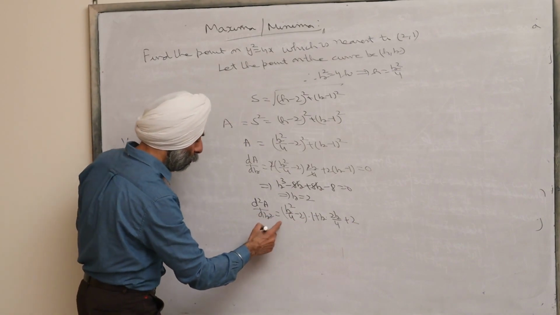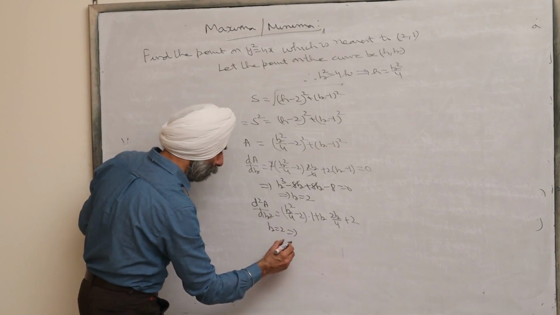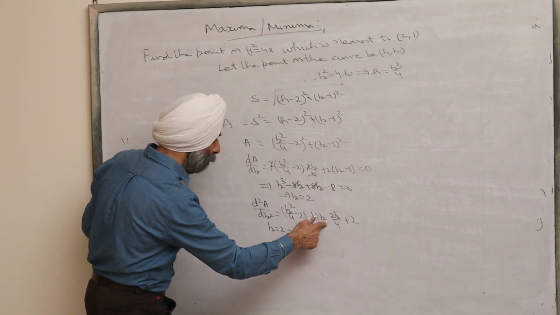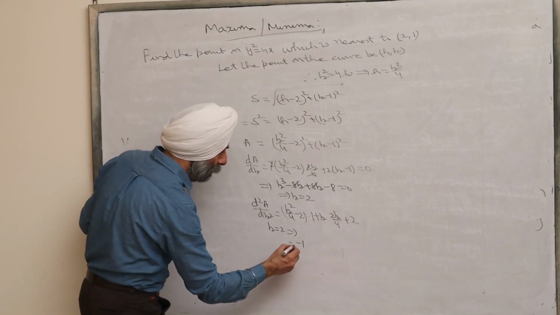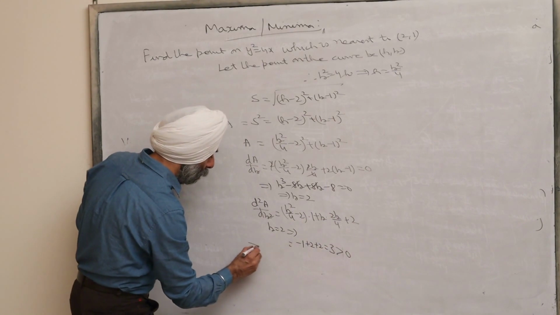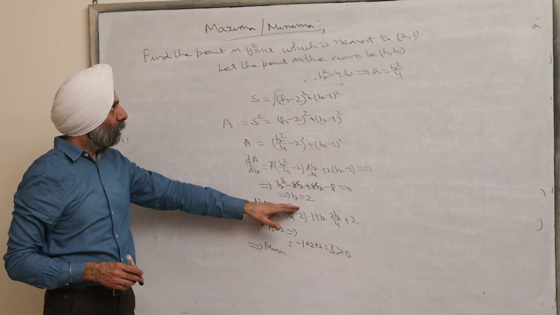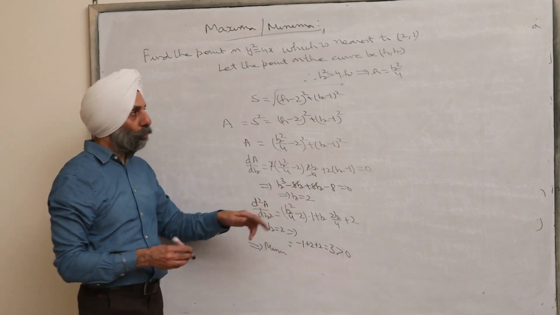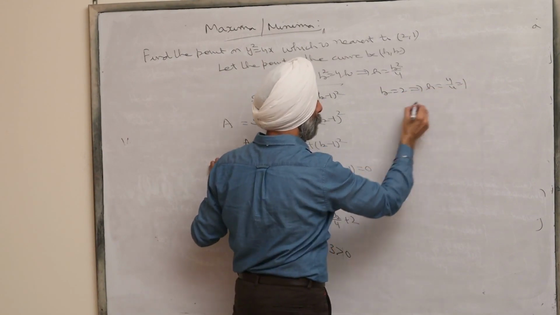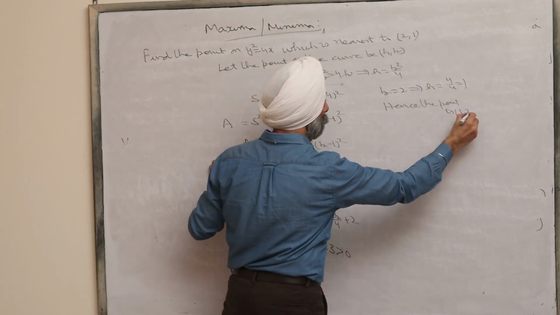If I put k equals 2, this is equal to 4 over 4 minus 1, plus 2, which is 3, greater than 0, which implies minima. So it is the nearest to the point (2, 1) when k equals 2. So k equals 2 implies h is equal to 4 by 4, that is 1, and hence the point is (1, 2).